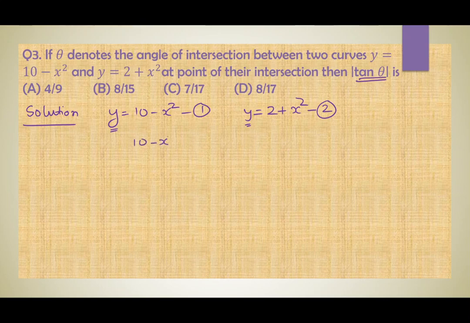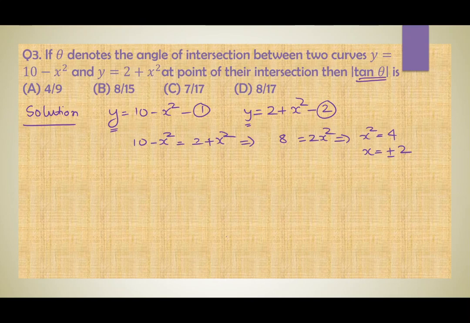This is 10 minus x square equal to 2 plus x square. Transfer this to LHS. You'll get this as 8 equal to 2x square, that is x square is equal to 4, that is x is equal to plus minus 2.